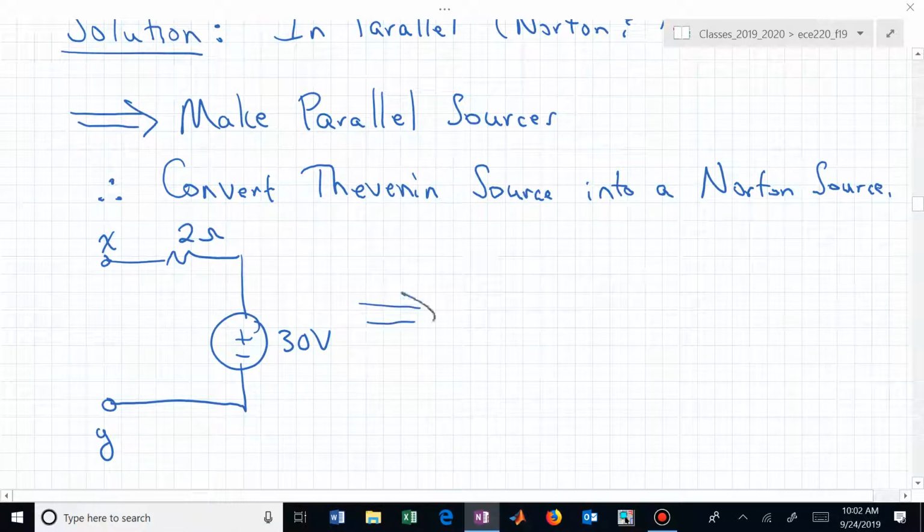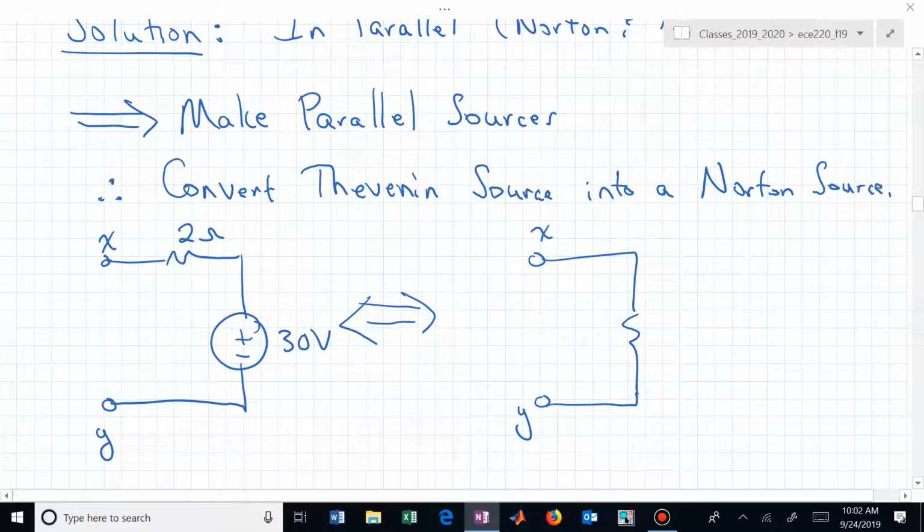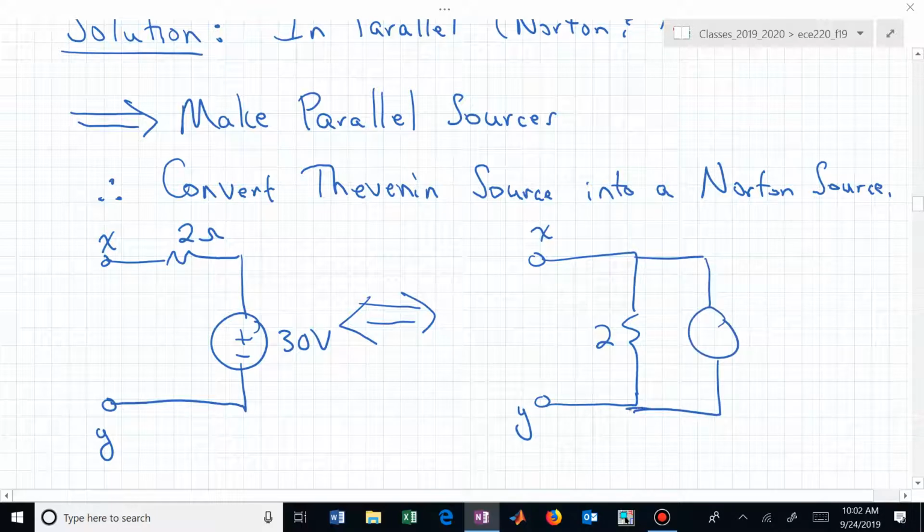How do we convert that into a Norton? What does that look like for its equivalent between X and Y? What do we do with the resistor? We leave it with the same value. Now it's going to be in parallel with a current source. And which direction does that current source flow?